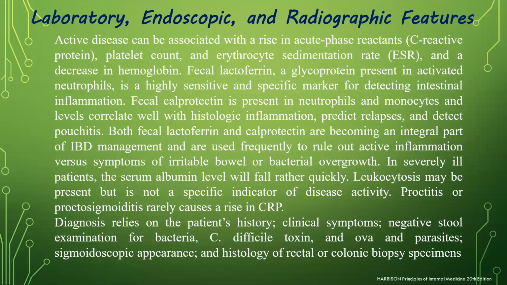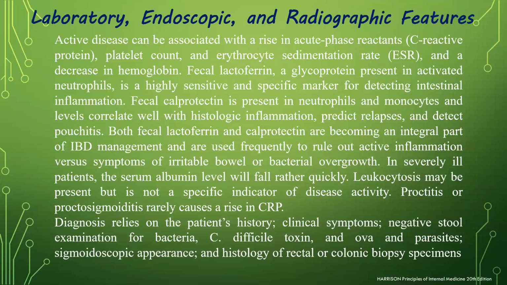Active disease can be associated with a rise in acute phase reactants such as C-reactive protein, platelet count, and erythrocyte sedimentation rate, and a decrease in hemoglobin. Fecal lactoferrin, a glycoprotein present in activated neutrophils, is a highly sensitive and specific marker for detecting intestinal inflammation.